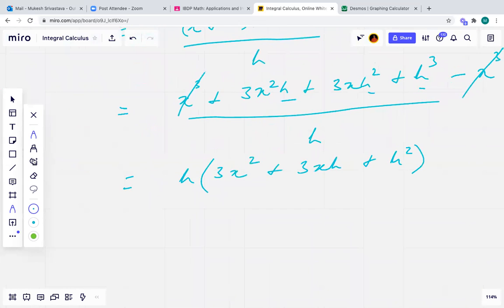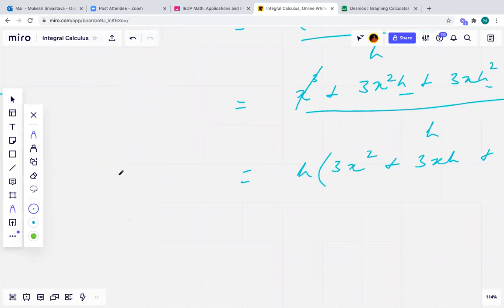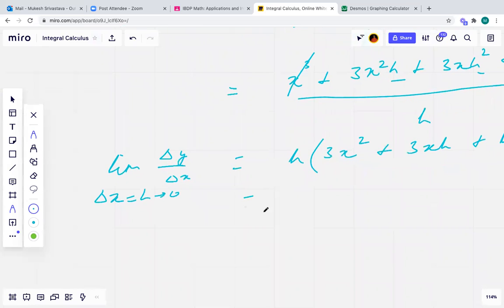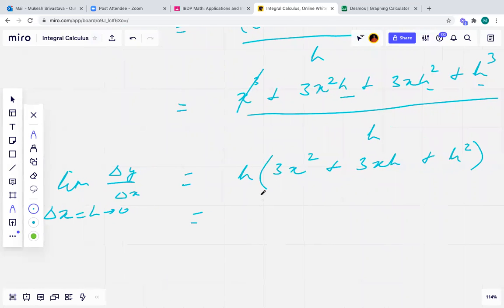Now this is delta y upon delta x. Now take the limit of delta y upon delta x when delta x, which is h, tends to 0. It's very small. With the h cancelled by the h in the denominator, what happens?